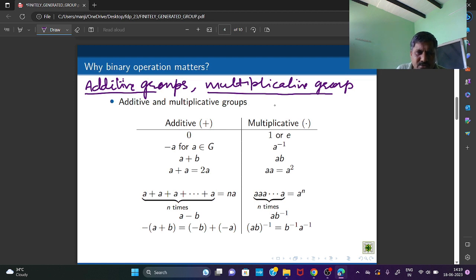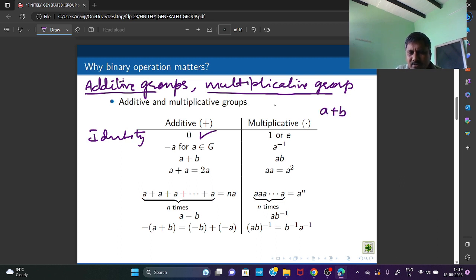In case of addition, we always consider the identity element as the zero element, and in case of multiplication we consider 1 when it is very clear that the group has numbers. Otherwise, for an arbitrary group we always consider multiplication, because it gives us some comfort in proving results.